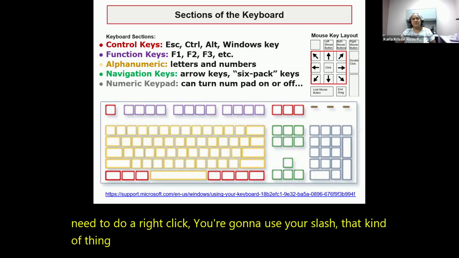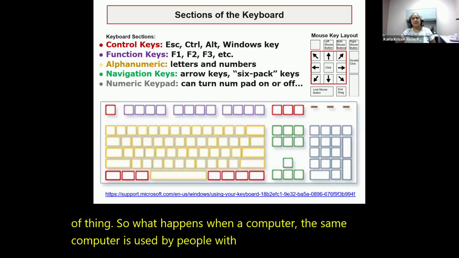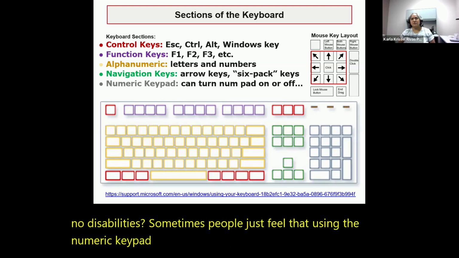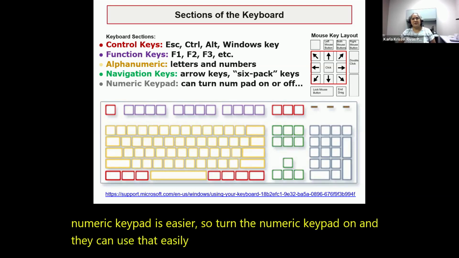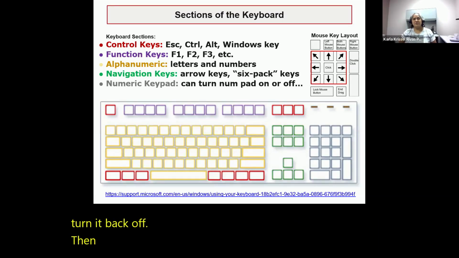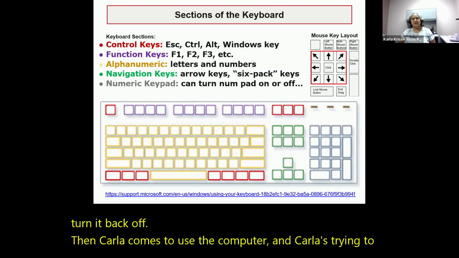So what happens when the same computer is used by people with disabilities and people with no disabilities? Sometimes people just feel that using the numeric keypad is easier, so they turn the numeric keypad on and can use that easily to enter numbers, and they forget to turn it back off. Then Carla comes to use the computer, and Carla's trying to read and she's not able to read.